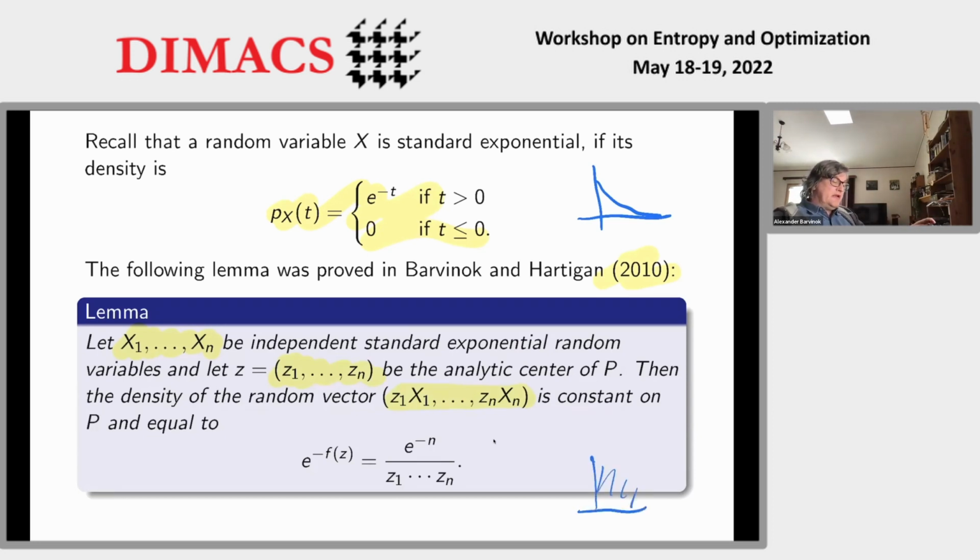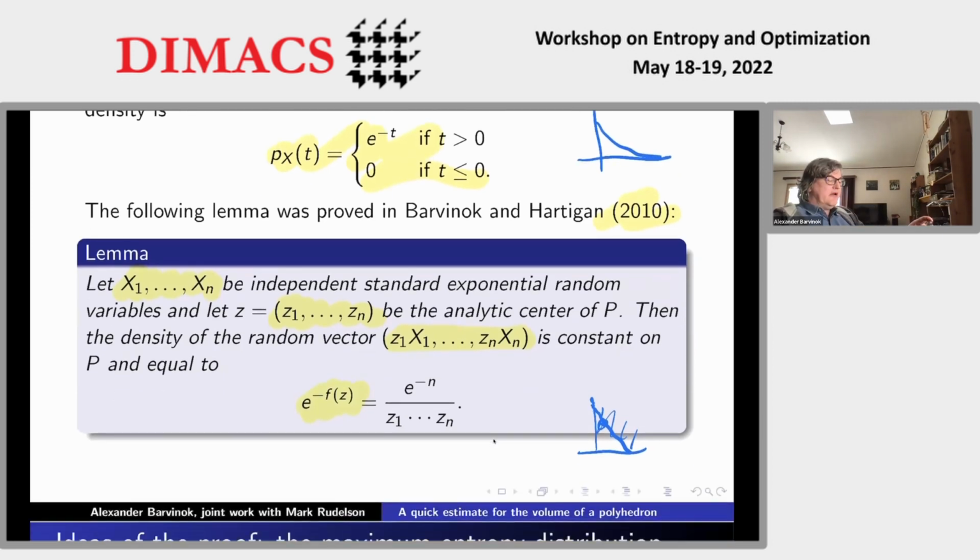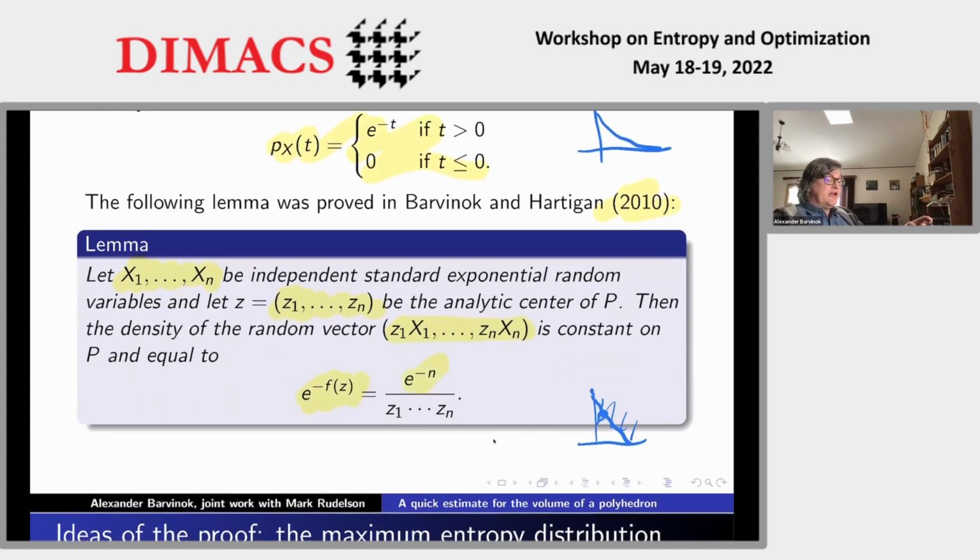And the claim is that the density of this random vector is constant on every point of the polyhedron. And it actually equals e to the negative sum of logs weighted by an additive factor n, which is e to the negative n divided by the product of the coordinates of the center.